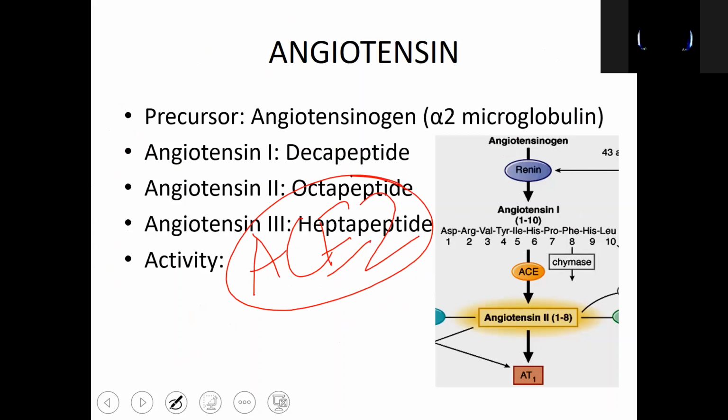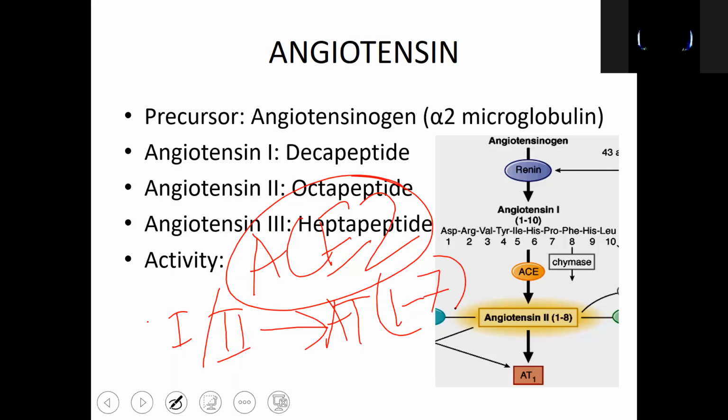It is postulated that when this ACE2 acts on angiotensin 1 and 2, either of them is converted to another angiotensin, that is angiotensin 1-7, and its action is exactly opposite to the action of angiotensin 1, 2, and 3.